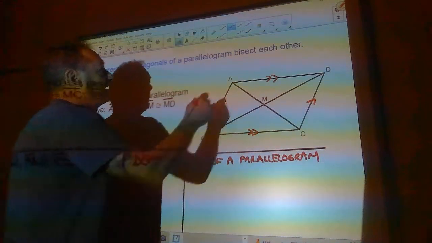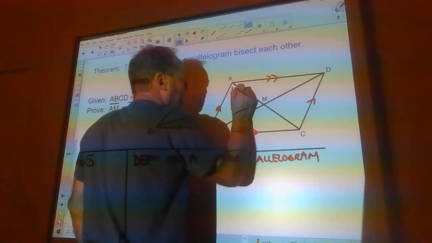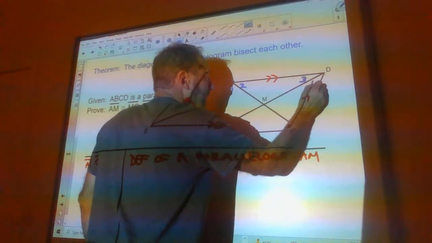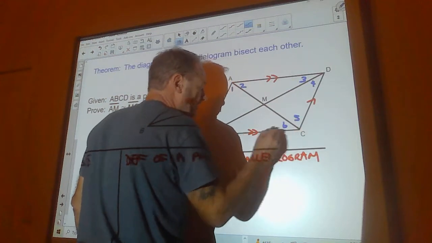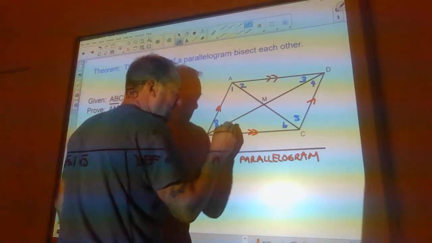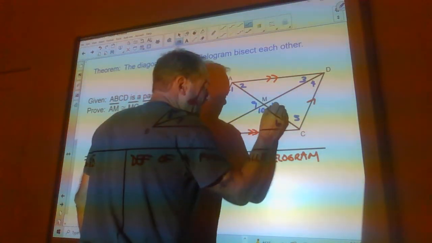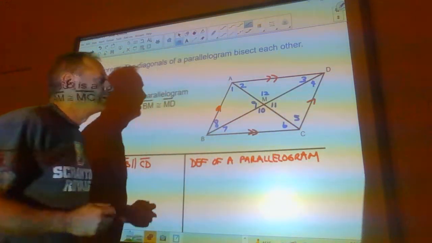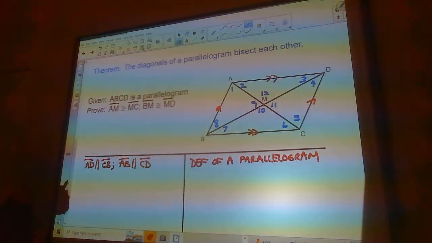Okay, that gives me a bunch of angles. I'm going to go ahead and write these in here. So 1, 2, 3, 4, 5, 6, 7, 8, 9, 10, 11, and 12. Okay, so I got 12 angles in here.